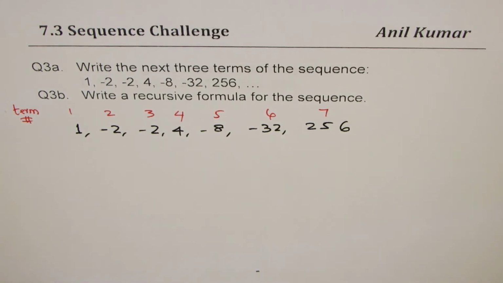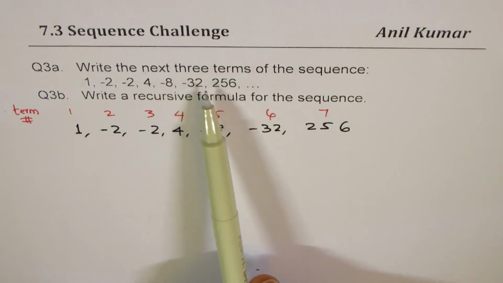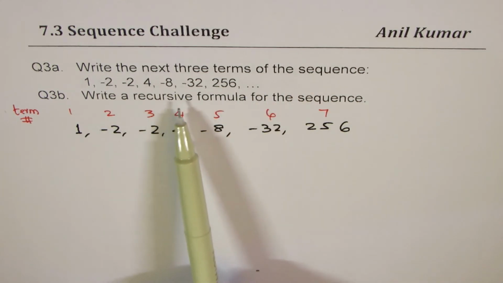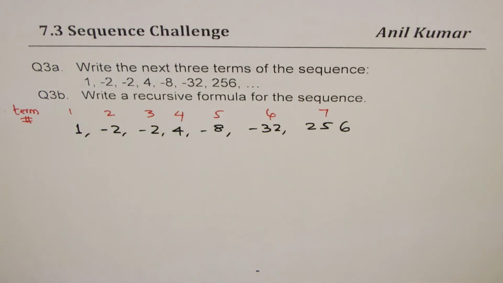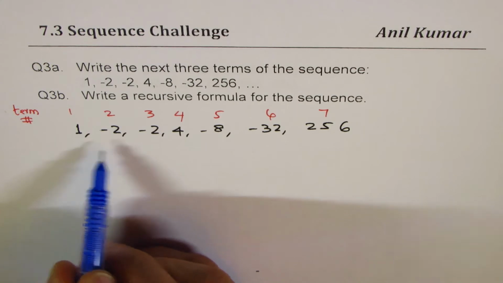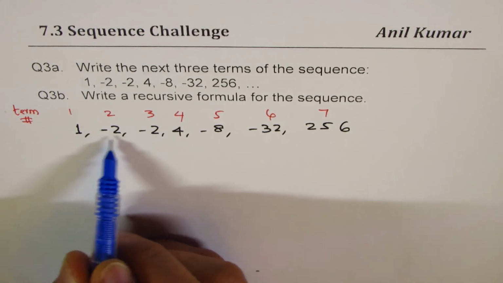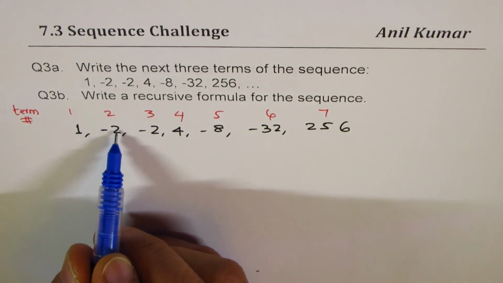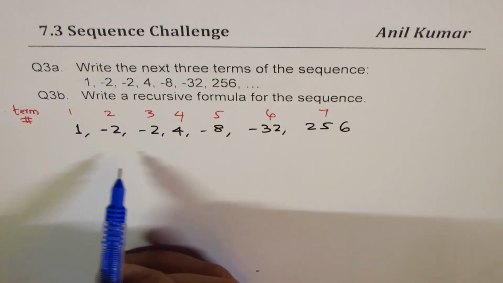How do we get the next 3 terms, and how do we write the recursive formula? That is the question. Now when you analyze it further, you will notice, how do I get minus 2 from these 2 terms? If I multiply these 2, I get minus 2.